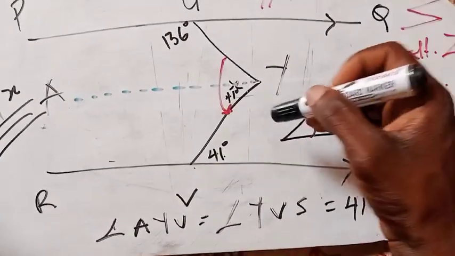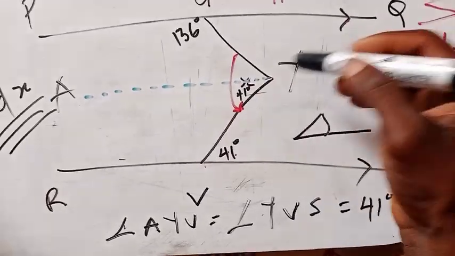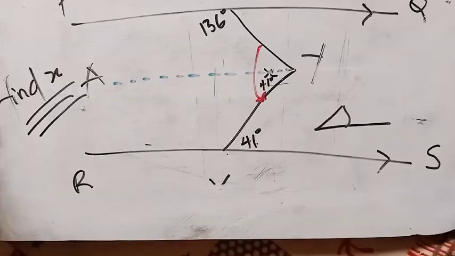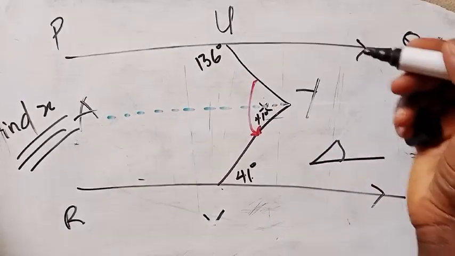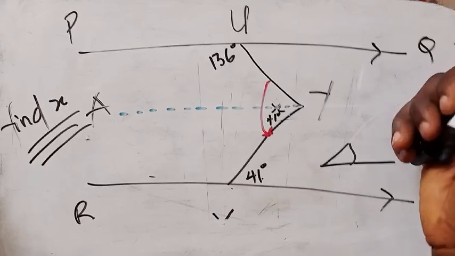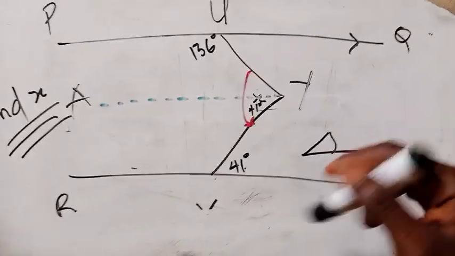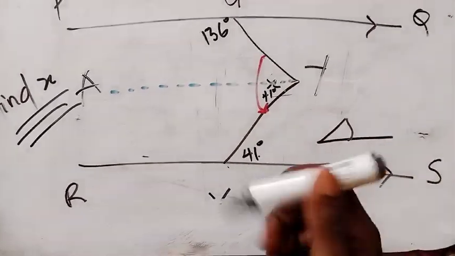Now since we have found one side, we need to find the value of this guy here, and then we add everything together. So how can we find the value of the guy here? What can we use? Always use all the information given to you. You've already used this guy here, which is 41, and then what about this guy, 136?